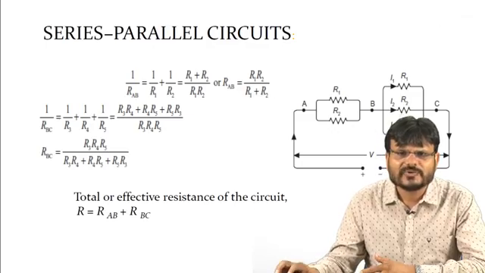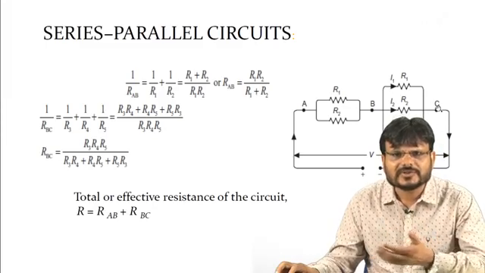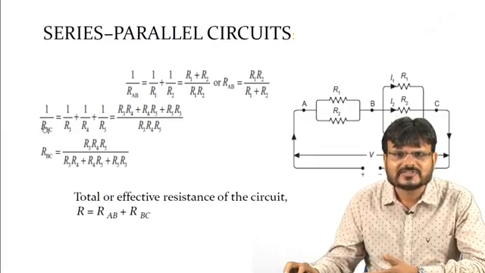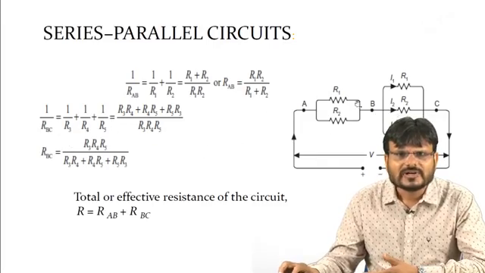Right? Then you have to find the equivalent resistance between this B terminal and C terminal. So it can be denoted as, suppose, RBC. So 1 upon RBC is equal to 1 upon R3 plus 1 upon R4 plus 1 upon R5.